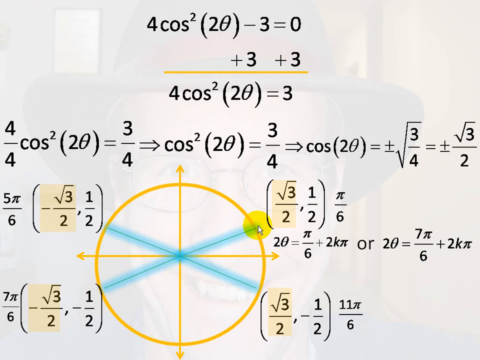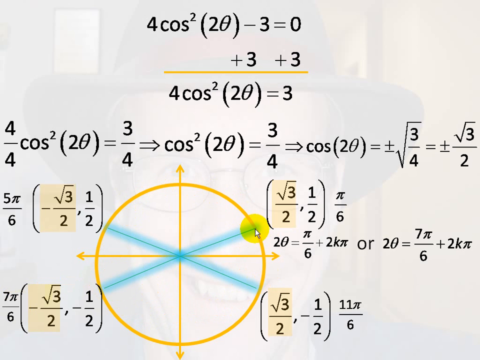Well, I identified the solution in quadrant 1 and quadrant 3 because notice that if I'm at pi over 6 and I add pi, I arrive at that 7 pi over 6. And then if I'm at 7 pi over 6, I add pi, I get right back up here to this angle again. So it looks like by adding pi each time, I go from one angle to the other.